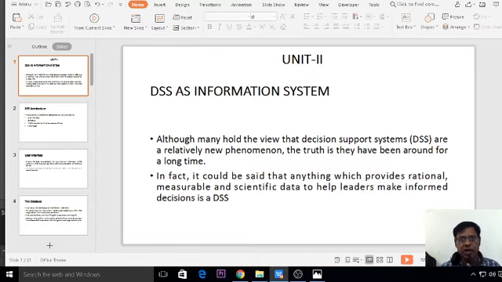In fact, it could be said that anything which provides rational, measurable and scientific data to help leaders make informed decisions is a DSS. So it should always be rational: why it is being used, what the purpose is, and how far it is good for the situation.